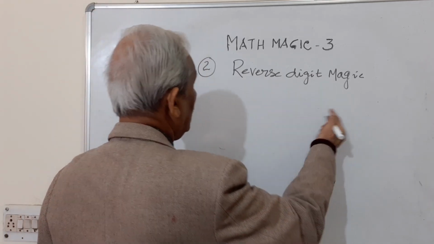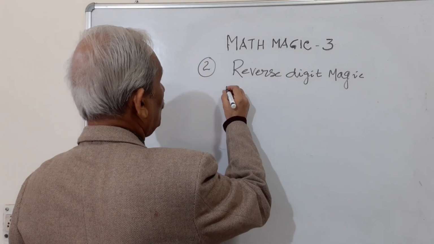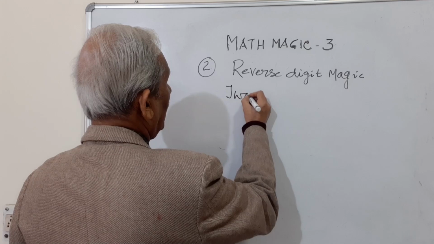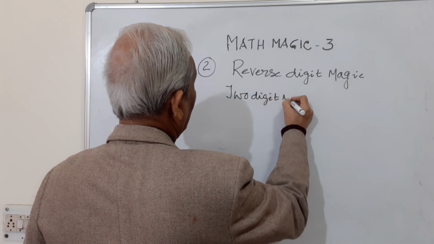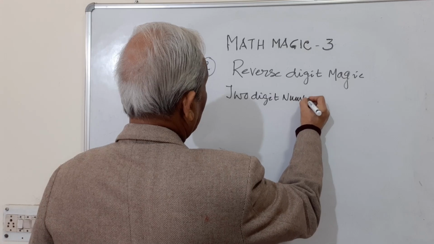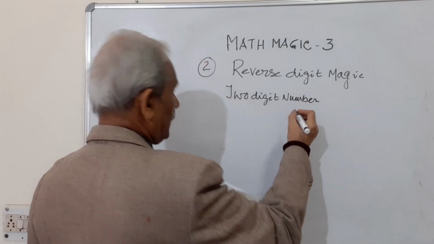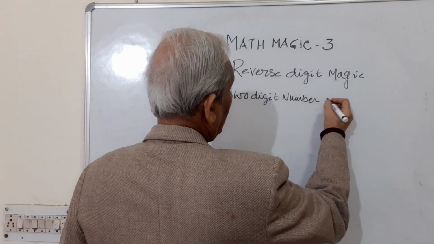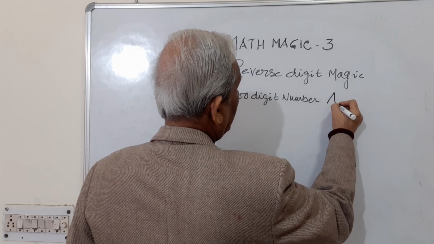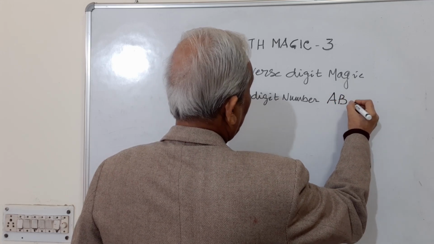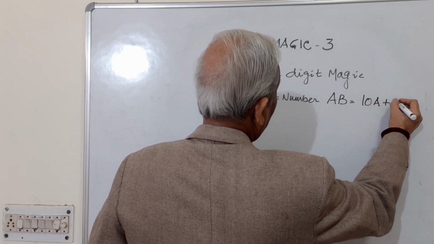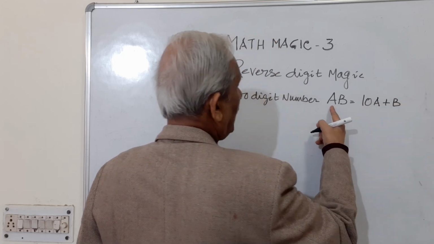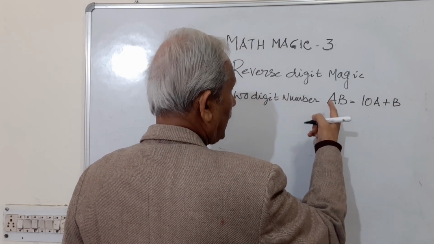I told you, think of a two-digit number. Two-digit number. I'm telling you why this happens. Let that be AB. AB actually means 10A plus B, because the place value of A is 10A, because it is in the tens place.